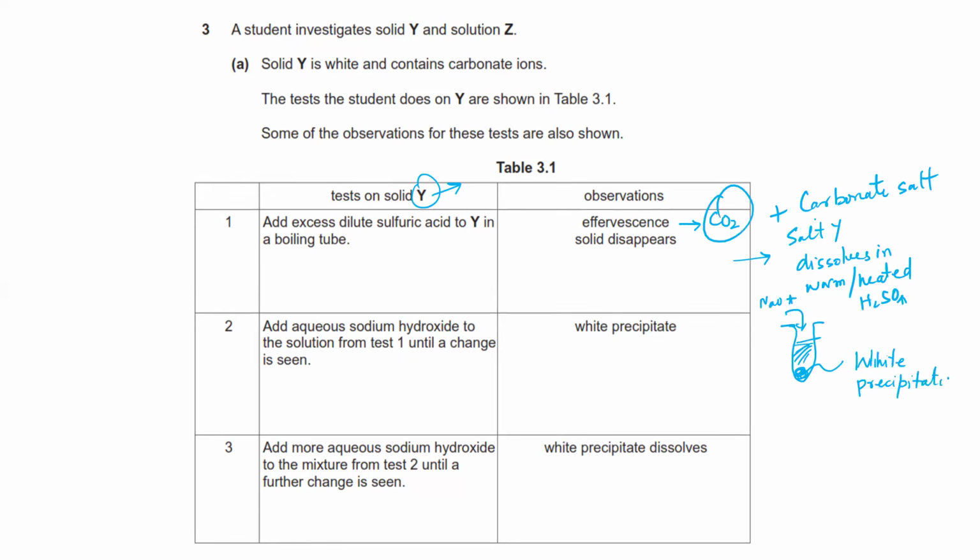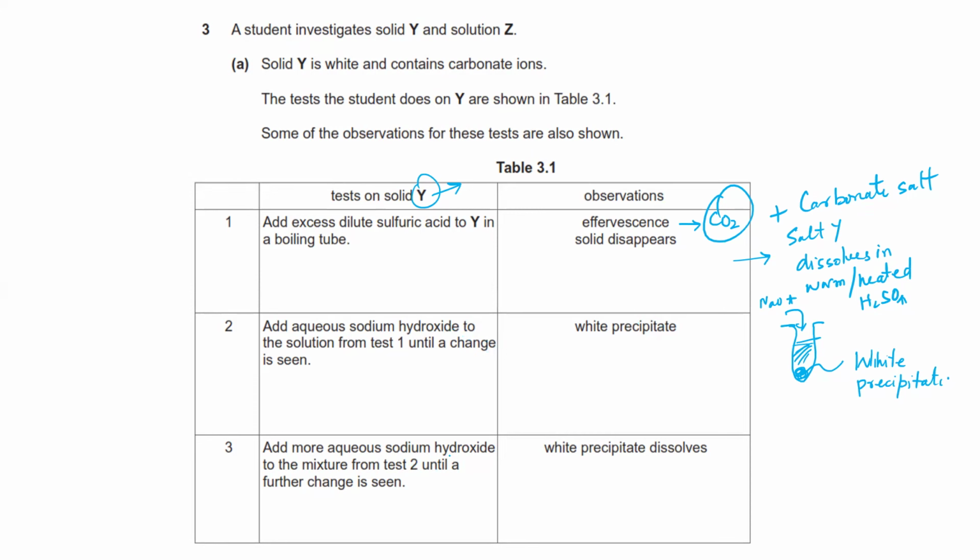It means that once this salt dissolves, whatever that carbonate salt was, it is now a sulfate, and that sulfate reacts with aqueous sodium hydroxide to make a white precipitate.